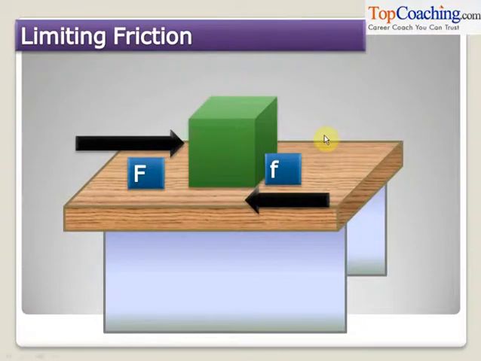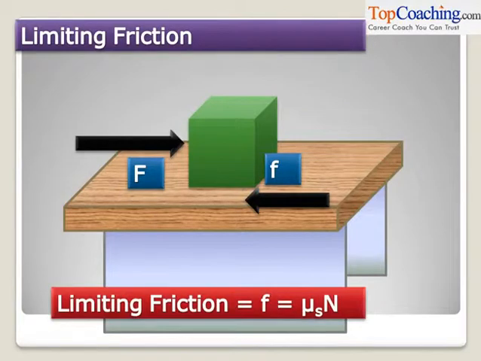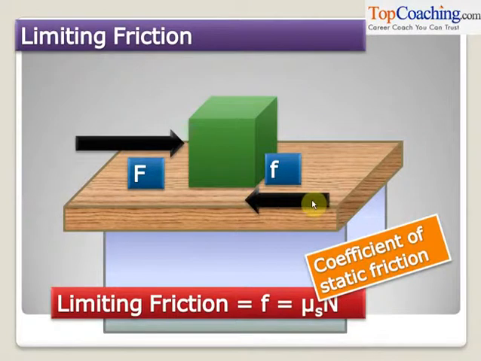Now let us go deeper and understand more about limiting friction. The value of limiting friction between any two surfaces is given by the formula μs into N. Here μs is a constant for any pair of surfaces. It is called the coefficient of static friction. Understood? The value of μs is generally less than 1.